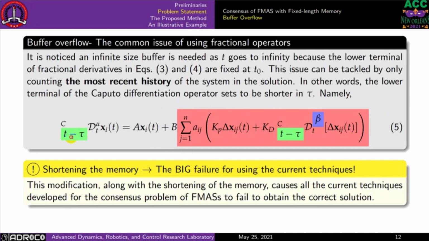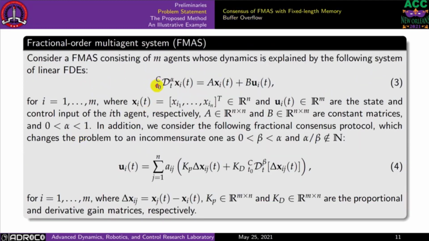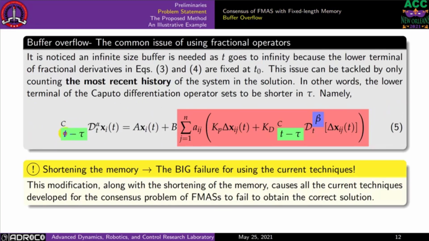Instead of having this fixed length terminal, we let it vary and shorten to the length of tau. We eventually ended up with equation number 5, where we need to find this Kp, Kd and beta that stabilize this system.